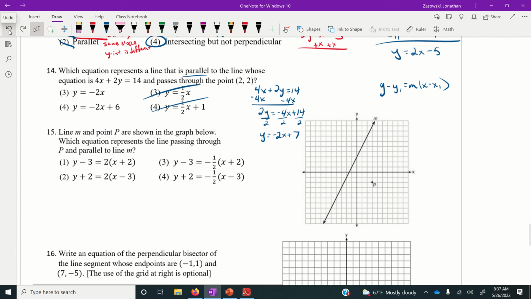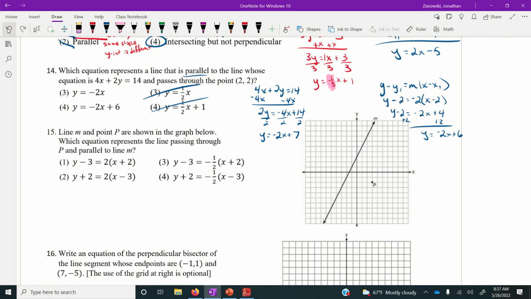So we're going to plug in the 2 for x, so it should be y minus 2. So we're plugging in 2 for y1, times negative 2, x minus 2. We can go ahead and distribute through to get negative 2x plus 4. And then move that 2 over to end up with the negative 2x plus 6 in our final answer.